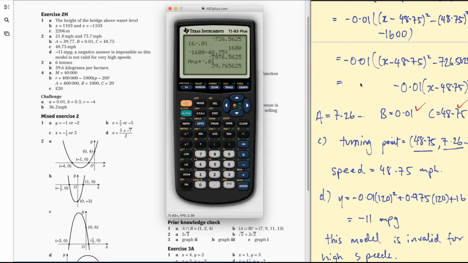I get 39.76, rounded off 39.77, and there we go. So I just wrote the equation wrong at the start, and that gave me the wrong answer at the end.